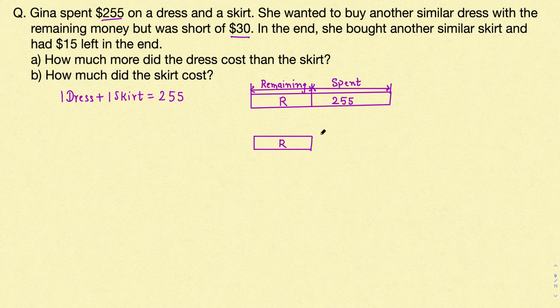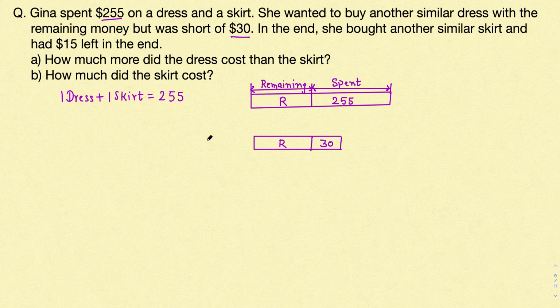That means if we just add another $30 to the remaining amount of money, that is the cost of one dress. She couldn't buy the dress because she was short of this $30. If she would have this $30, she would have been able to buy the dress. That means the cost of the dress is the remaining amount of money plus another $30, right?